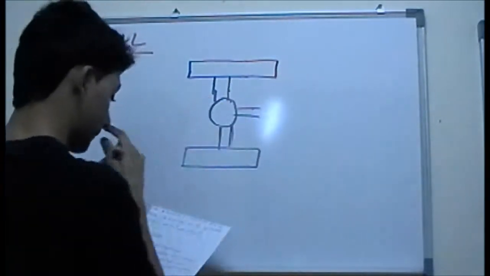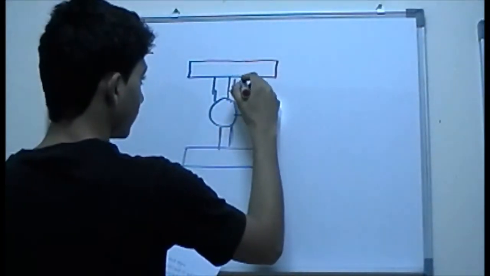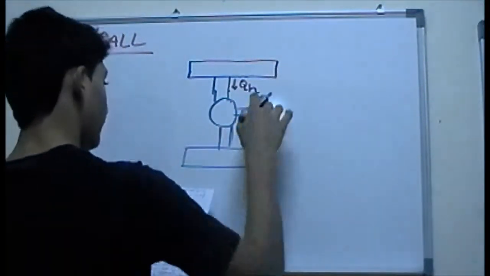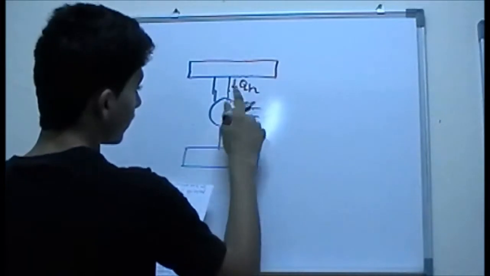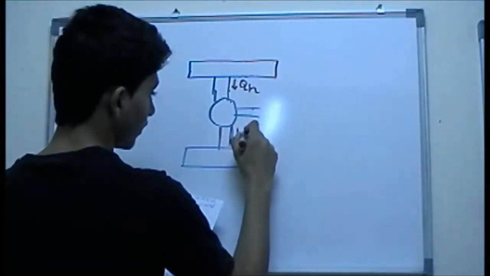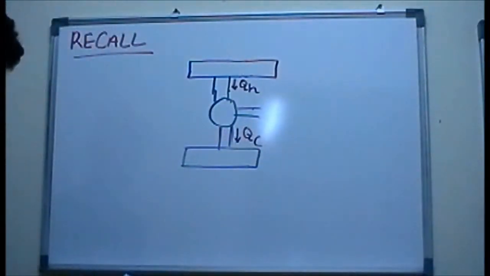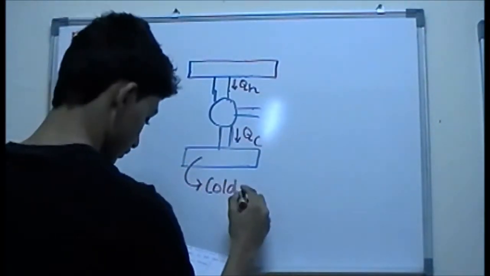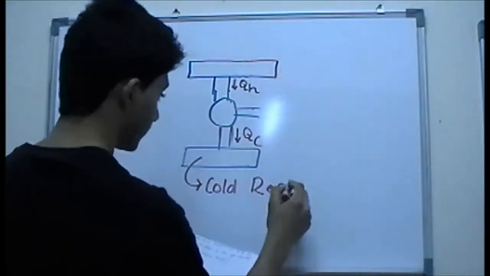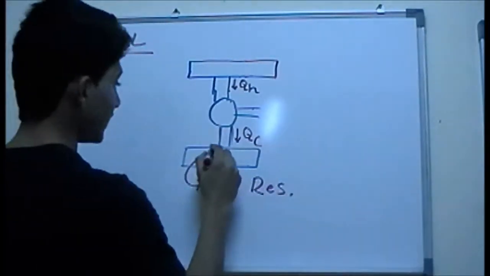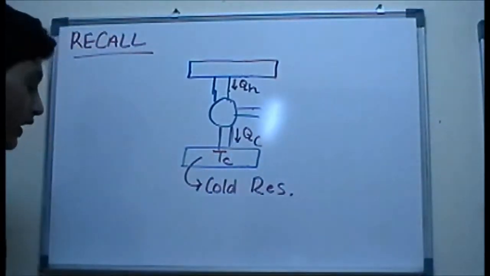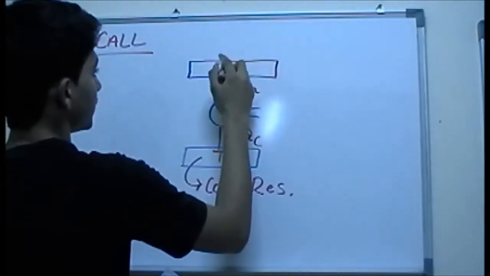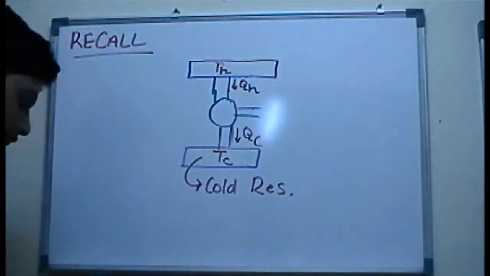Now what happens is that the hot heat is going down, and the cold heat is going down as well, but not here, over here. So the cold heat is going down, and this is the cold resistance. This is the temperature which is cold, and this is the temperature which is hot.